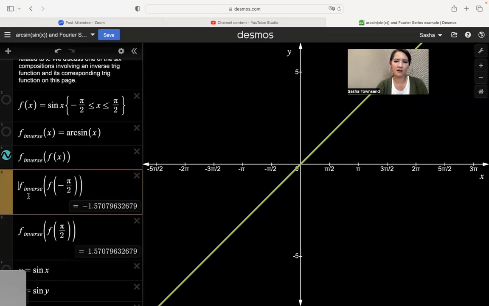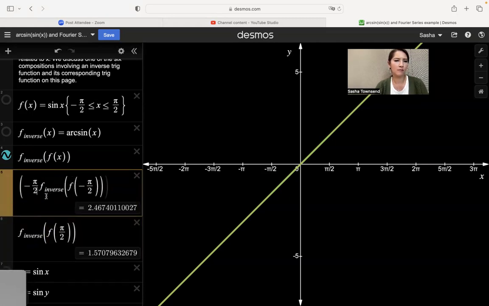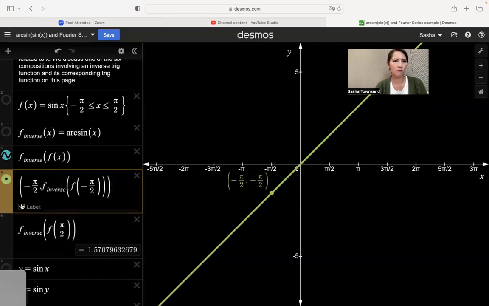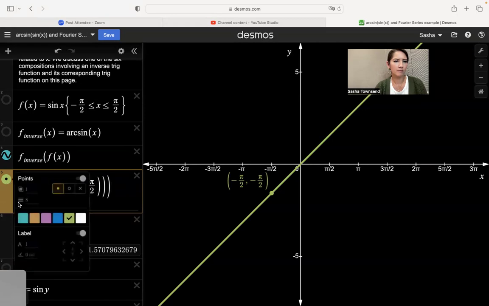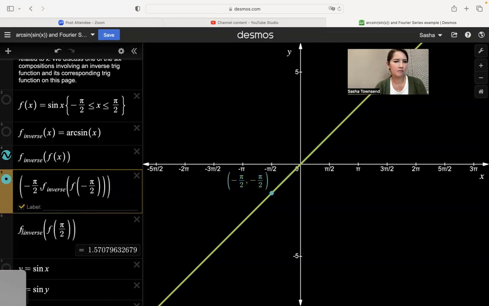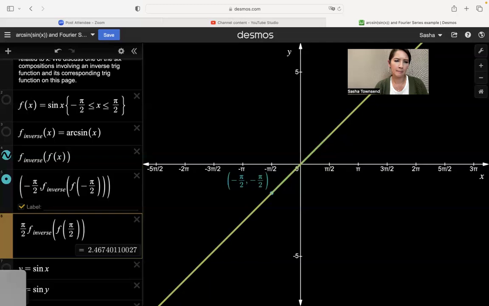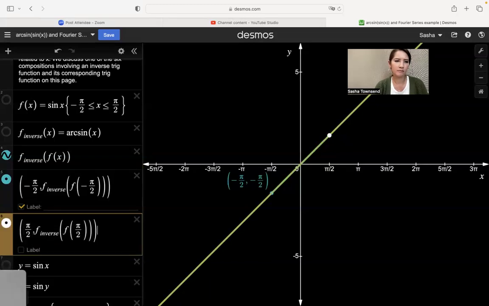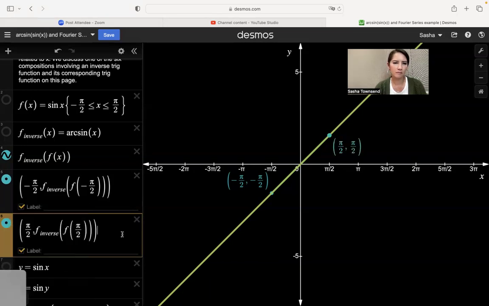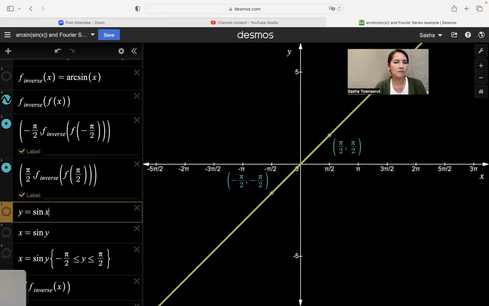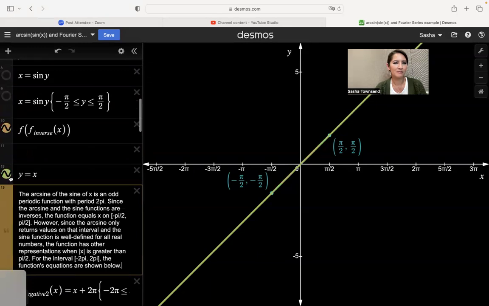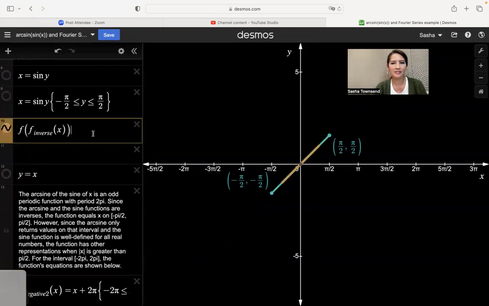And let's plot some ordered pairs. Here's that green line coming from. This is what we see.